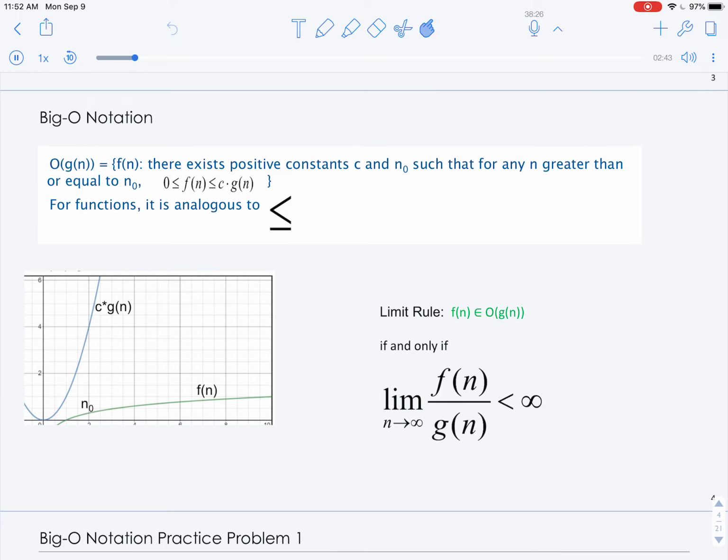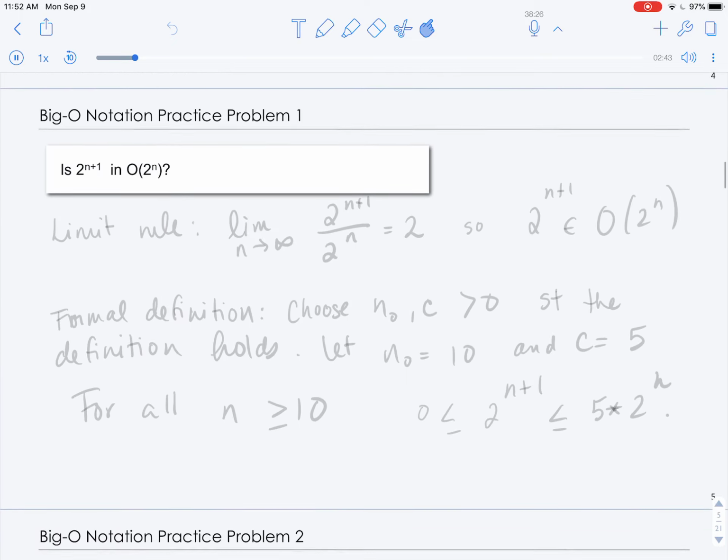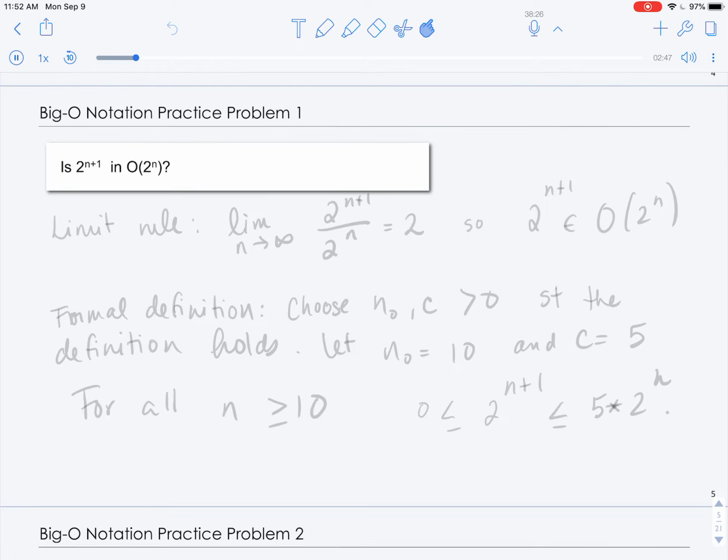Let's try a practice problem now. This practice problem asks: is 2 raised to the n plus 1 in big O of 2 to the n? There are several ways we can do this. We can apply the limit rule, or we can apply the formal definition. We'll try both now.